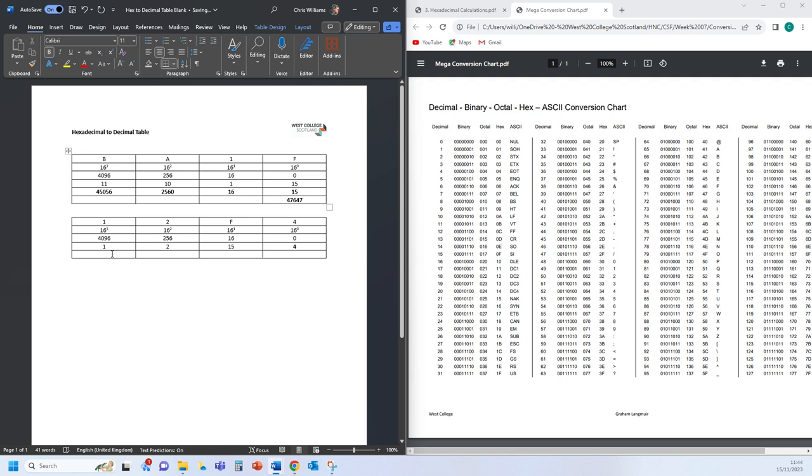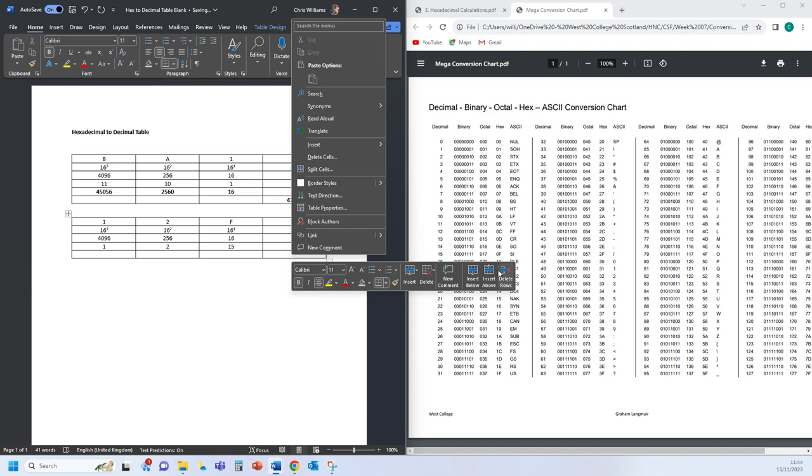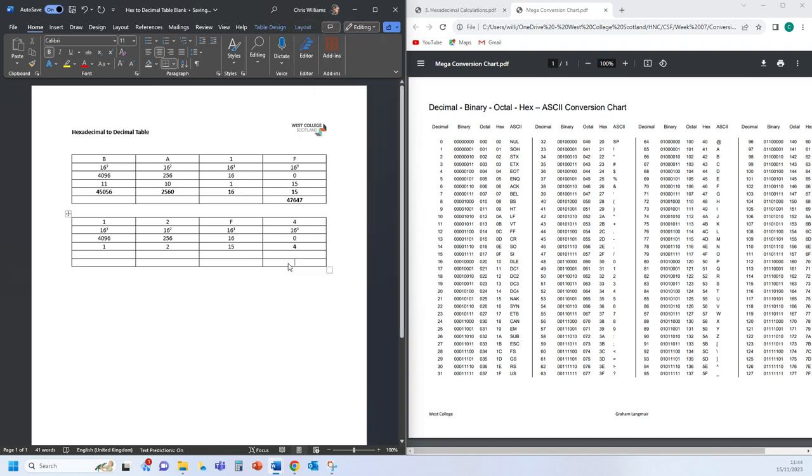Okay, same again down here, and I'll just add a row in. So 4096, 512, 240 and 4, giving us 4852.